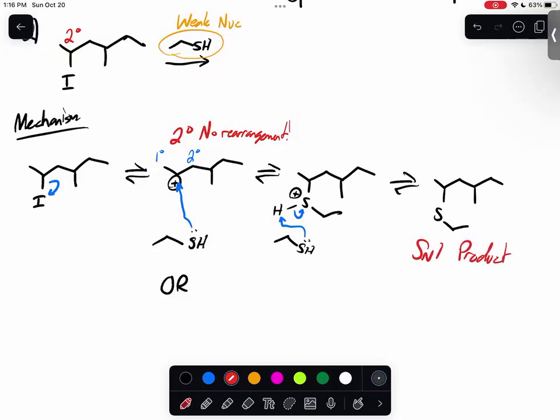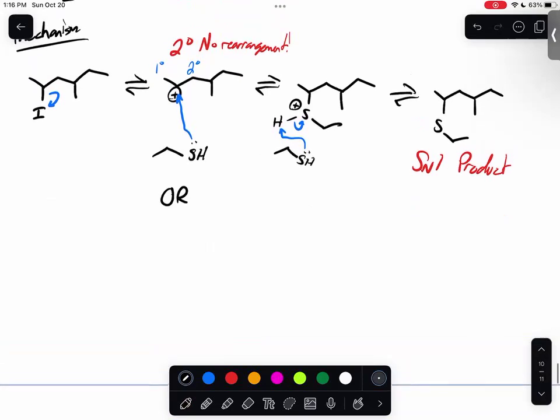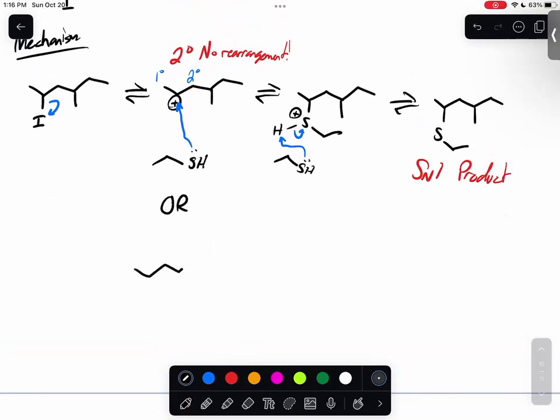Or we could take the pathway at the bottom where if we look at this and we ask ourselves, okay, where are our alpha positions? We have the two right here, where essentially, thinking about these two alpha positions, the primary alpha position would give us a monosubstituted alkene, but the secondary alpha position would give us a disubstituted alkene.